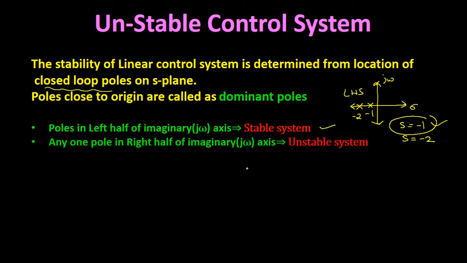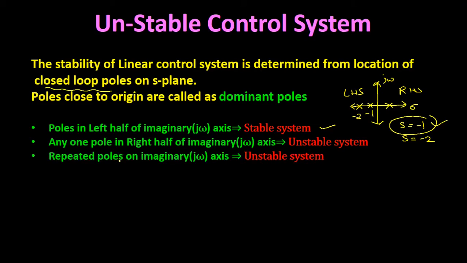And if any one pole of the transfer function lie in the right half of the S-plane or right half of the j omega axis, then that type of system is called as unstable system. That means if all the poles of the transfer function are lying in the left half of the S-plane except one pole which is in the right half of the S-plane, then this type of system is called as unstable system because of this one pole lying in the right half of the S-plane.